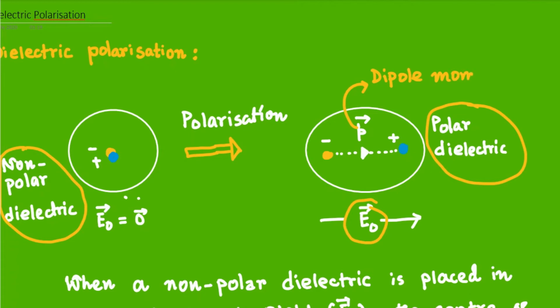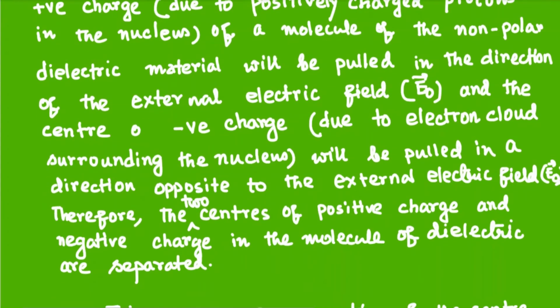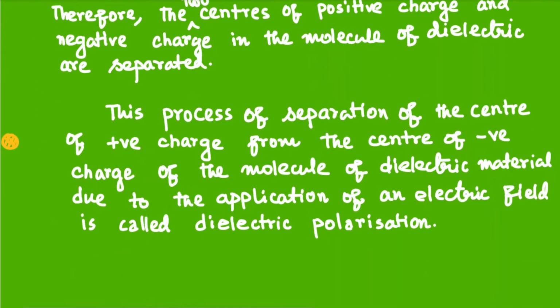This is a dipole moment. For a non-polar dielectric there is no electric field, so the dipole moment small p equals 0, and there is no dipole moment if no external electric field acts on it.